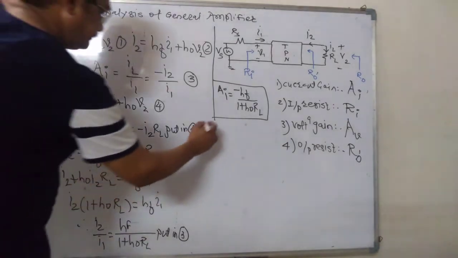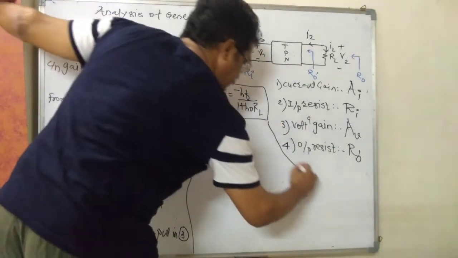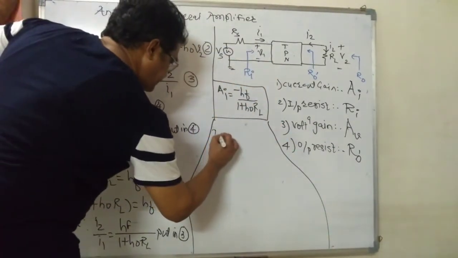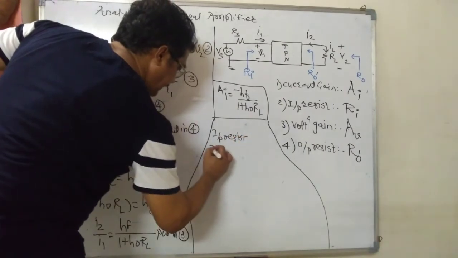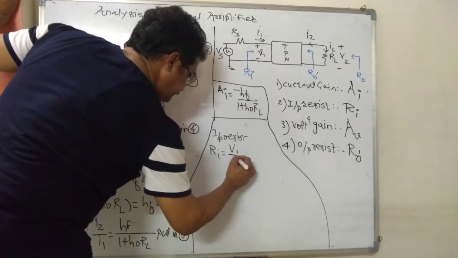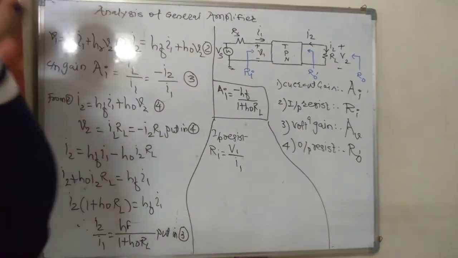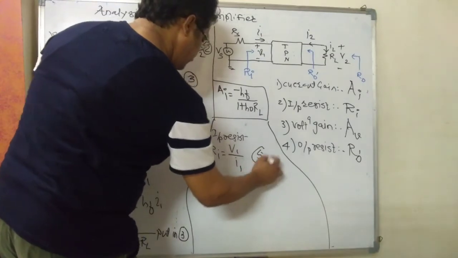Now, second, input resistance. R_i is equal to V_1 upon I_1. Suppose this is equation number 5.